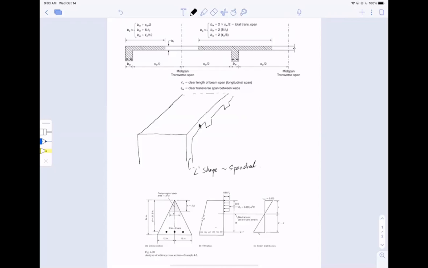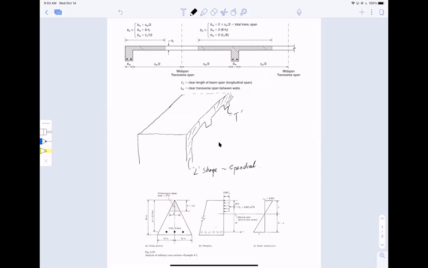The section you're seeing on the top is where I make a stop right here, and then make a stop right here. So this is the T, and this is the L on the left. Why do I bring this picture up?